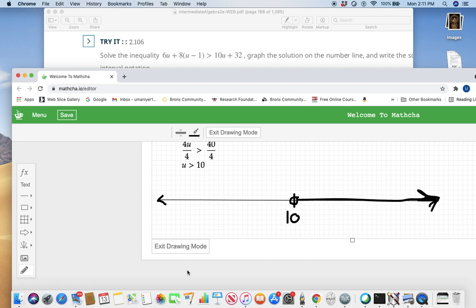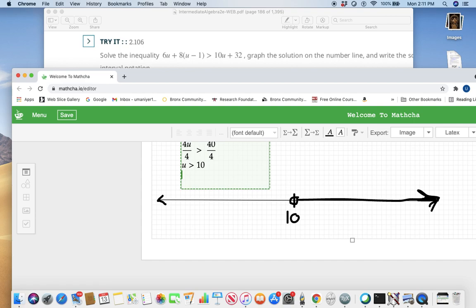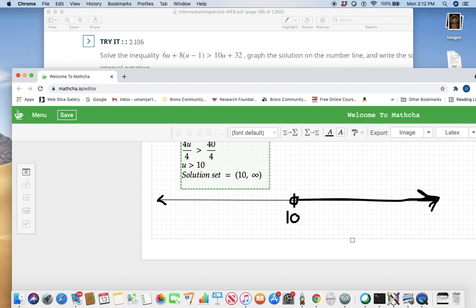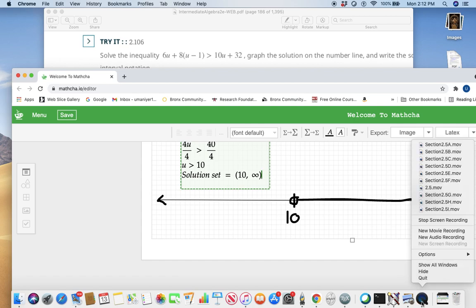Okay, so that's that. The solution set is, look at the set, you're starting from the left handmost point, it is excluded, so it's in parenthesis. Right handmost side, there's no point, so it's infinity, which is always open. Solution set means every number here solves your inequality. Okay, let's continue in our next video.